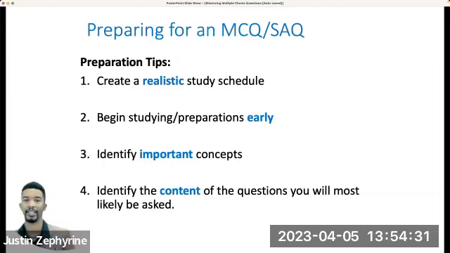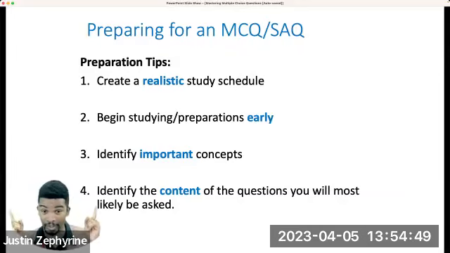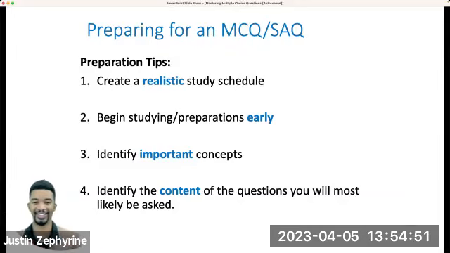Another thing, identify the content of the questions you will most likely be asked. So if you've been attending your classes or keeping up with your course along the way, you would probably hear the lecturer say something along the lines of, this might come for exam, or this is important, and that would automatically get your antennas up, not so? So you definitely want to go through that content, and a good way to do that is use the course outline.